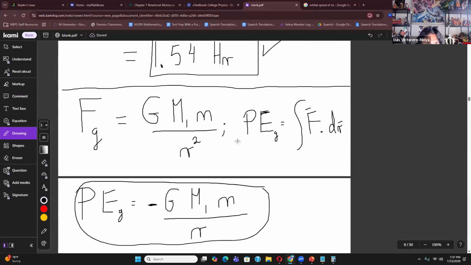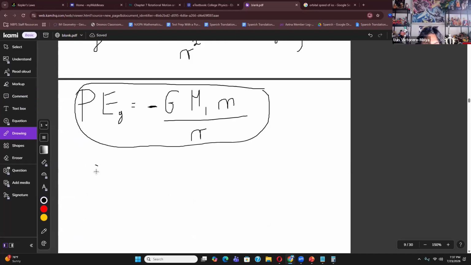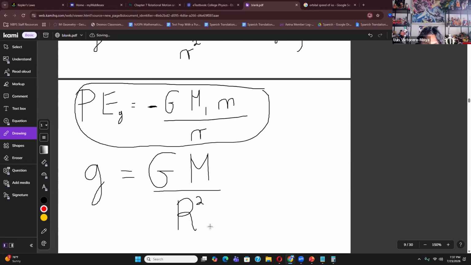The gravitational force is here. And the value of gravity for any planet now is G mass of the planet over radius of the planet squared. So let's label this. This is the radius. This is distance. Different. Okay.